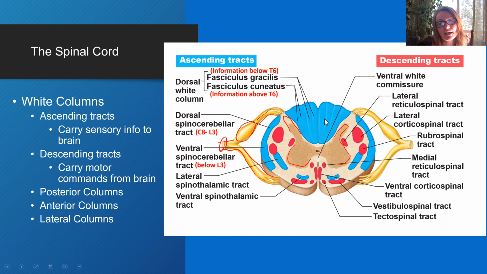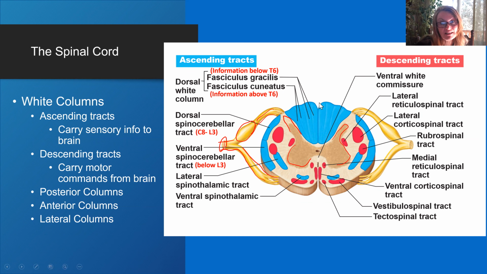But now if you look at the white matter inside the spinal cord, white matter is divided into columns. So we have posterior columns, anterior columns, and lateral columns over here. Now, all these columns are represented by blue and red colors.